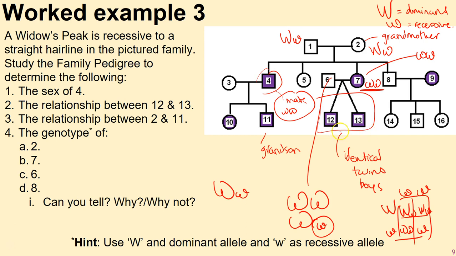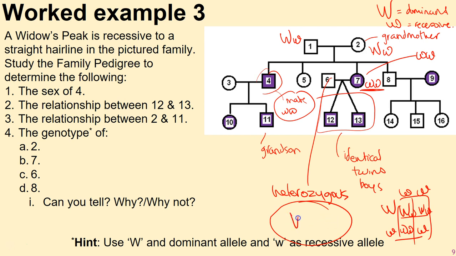So we couldn't get this recessive trait here. So we know that in order to have the affected children, it must be heterozygous for the recessive and dominant trait. So it's big W and little w in order to have the affected children.